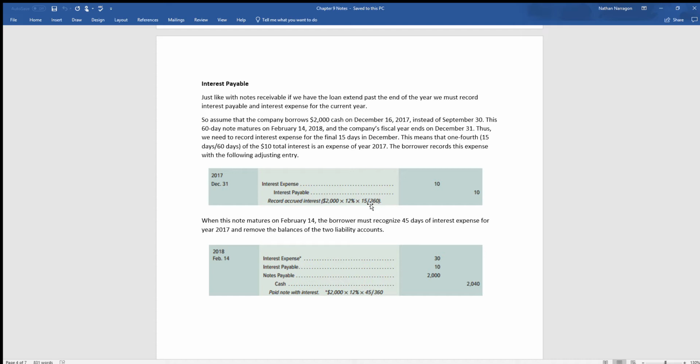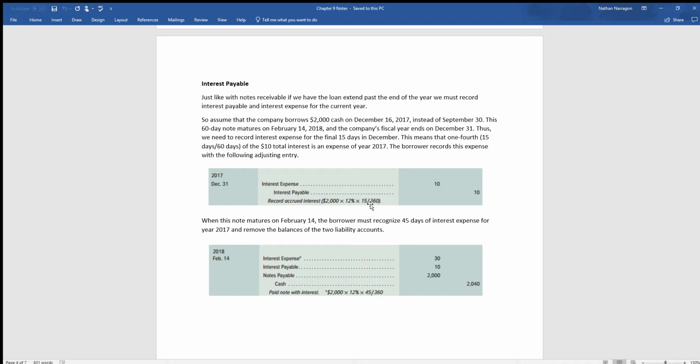When we do that, we find out that the interest we've already incurred in 2017 was a grand old total of $10. I know. Awesome, right? So $10 right there.